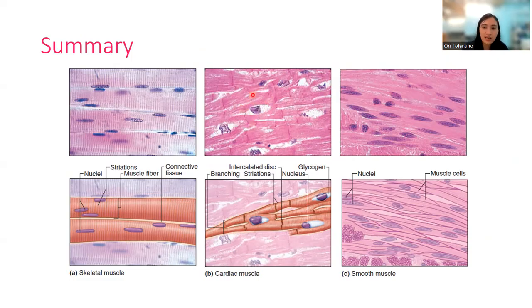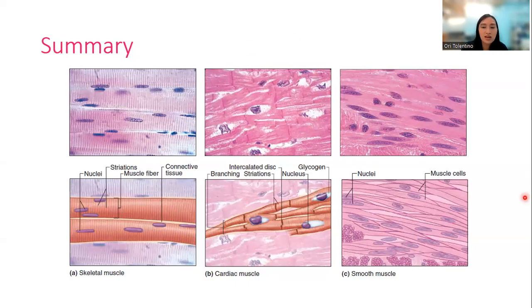They have intercalated discs, which join your short muscle fibers end to end. These intercalated discs are very identifying of your cardiac muscles. When you see intercalated discs, automatically think cardiac muscle. They are also striated.